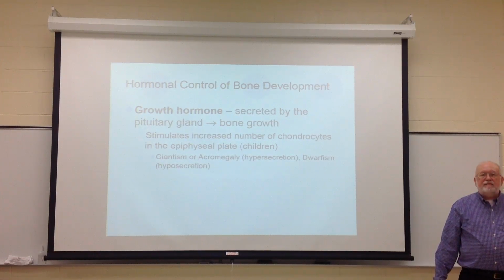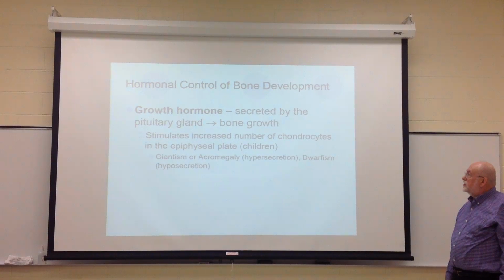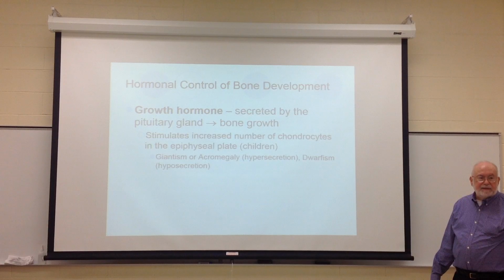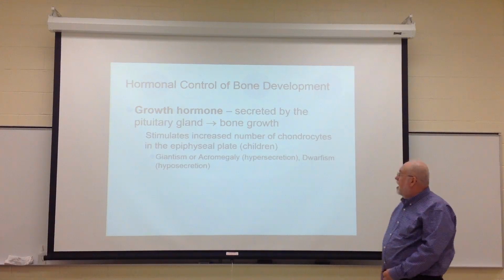And what does it cause them to do? Well, it stimulates growth, and particularly in the bones, it stimulates division of cartilage in that epiphyseal plate. So it's going to stimulate cartilage cells to divide. It can also stimulate appositional bone growth as well. So we have both epiphyseal and appositional growth stimulated.